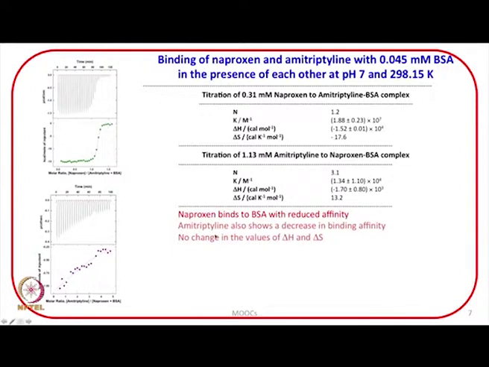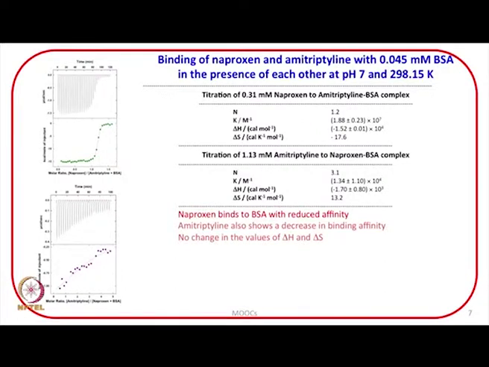So what conclusions can be drawn? Naproxen binds to BSA with reduced affinity, and amitriptyline also shows a slightly decreased binding affinity, only a slight decrease in the absolute value.